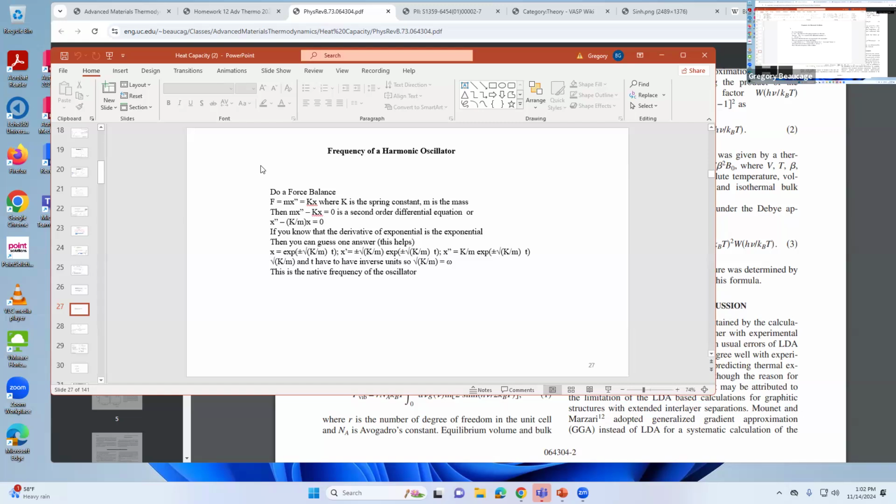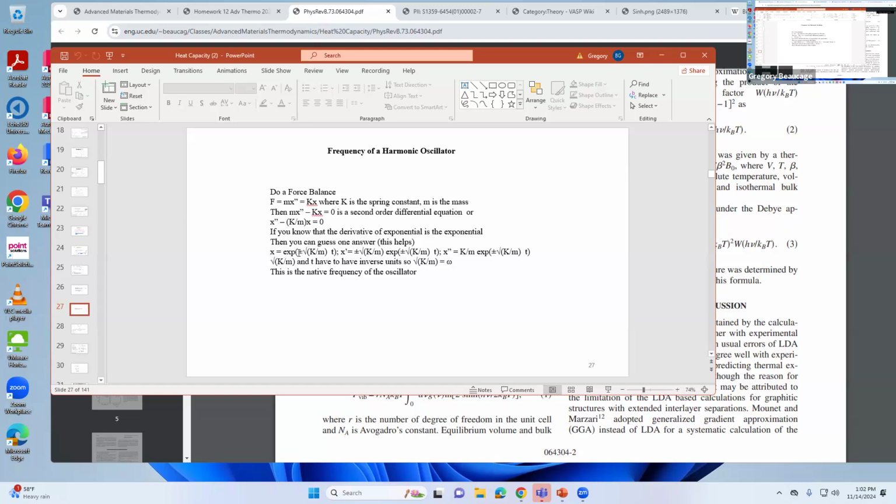So this is a harmonic approximation. It's a harmonic oscillator. You say that the mass times acceleration equals spring constant times x, and then you plug in this x, which would be a sine function.